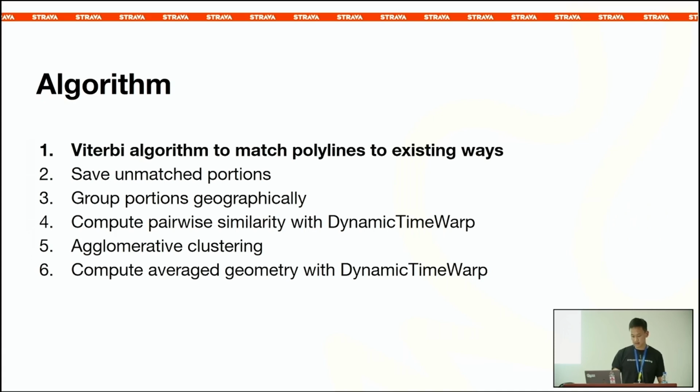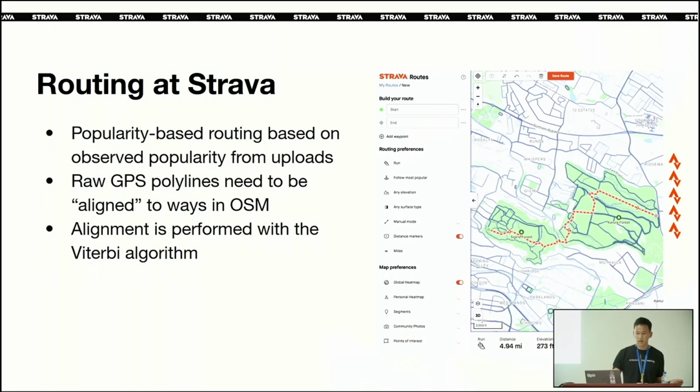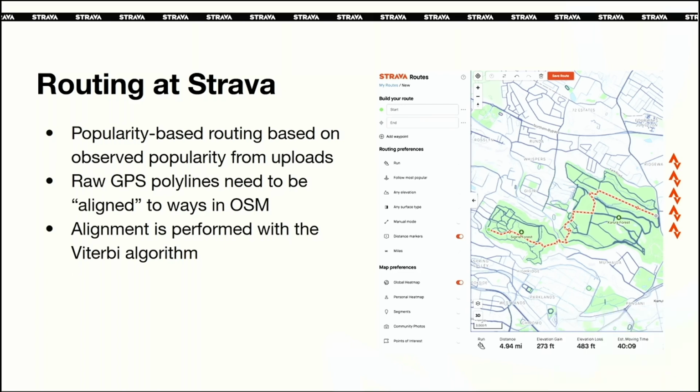Let's start with step 1. The nice thing about step 1 is that we were already doing this first step of the algorithm before we started on this project. To tell you about that, I'll tell you a little bit about routing at Strava. We route based on observed popularity from uploads to our platform.